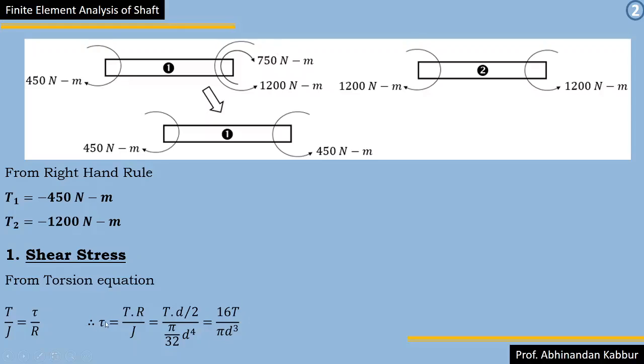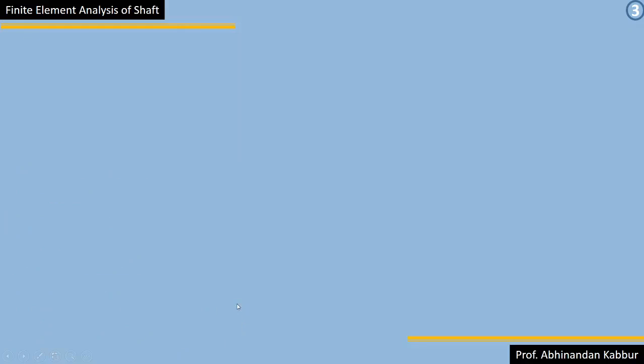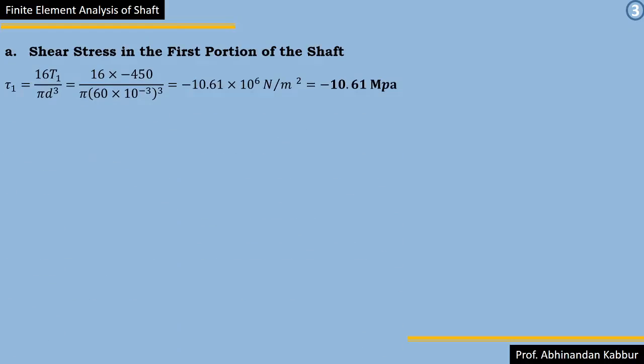Now to calculate the shear stress, I need the applied torque and the diameter of the shaft. So that is the shear stress in the first portion of the shaft I am calculating. Therefore the equation is this one. As I am calculating for the first portion, I will put the suffix 1. So T1 is the torque applied on the first portion, which is minus 450, divided by pi into d cube.